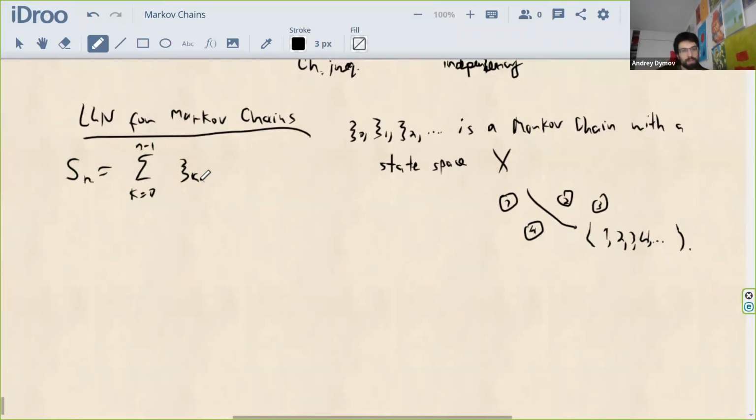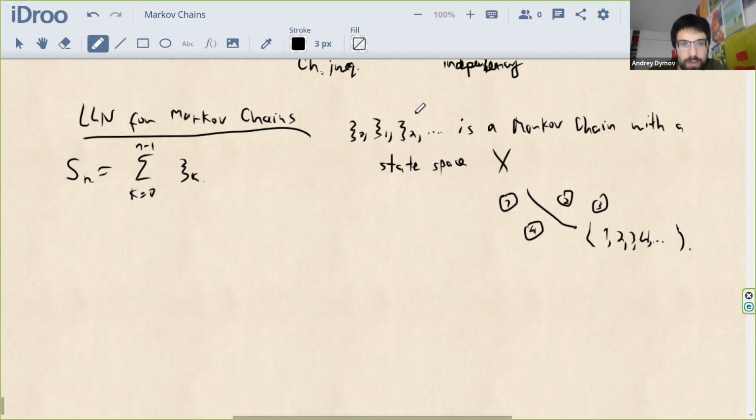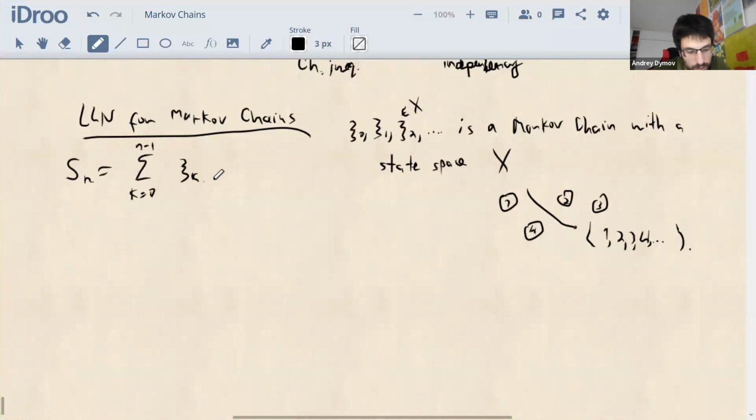But this doesn't make a lot of sense, because these random variables take values in the state space X, which is some abstract object. If you think that it is 1, 2, 3, 4, then these random variables take only values 1, 2, 3, 4. This is not so natural and so interesting.